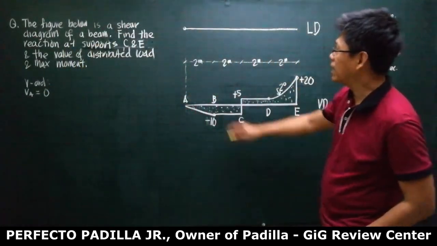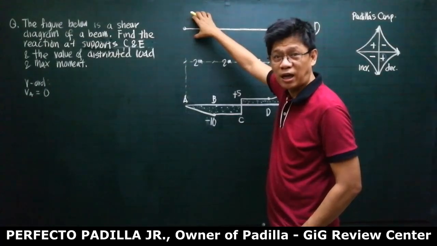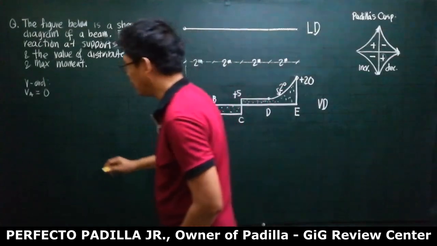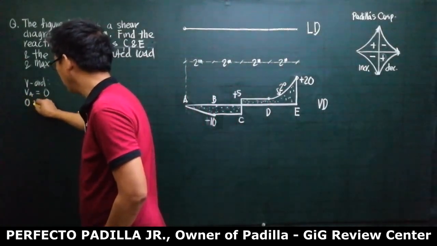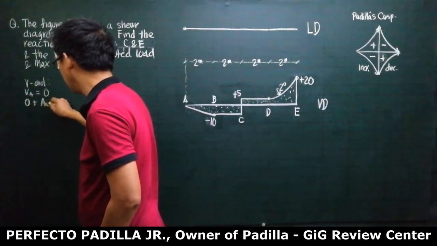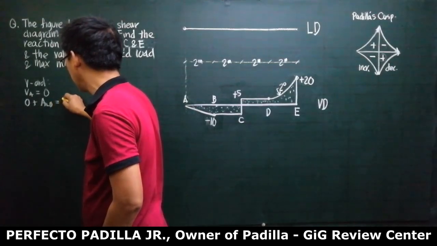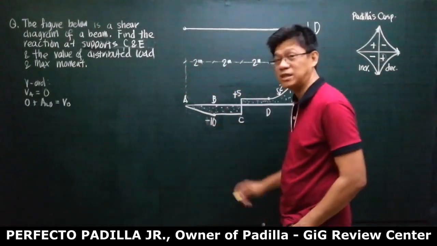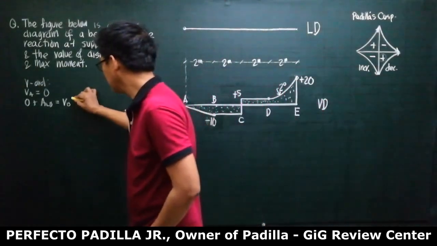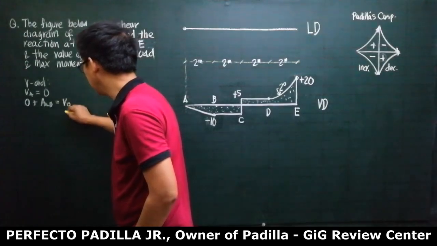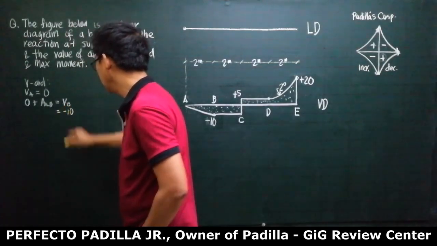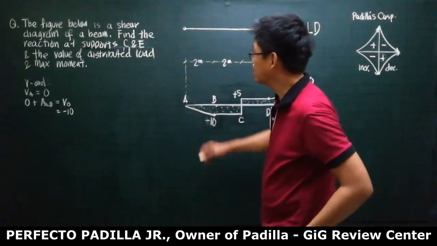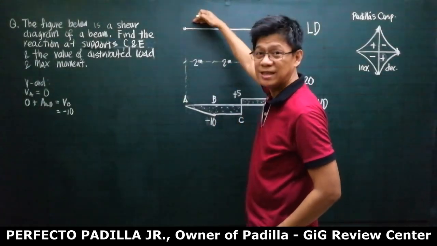0 plus the area of the load diagram is equal to the shear at B, right? But the shear at B is negative 10. So, this is negative 10. And since this is first degree, it means that the area here is 0 degree.